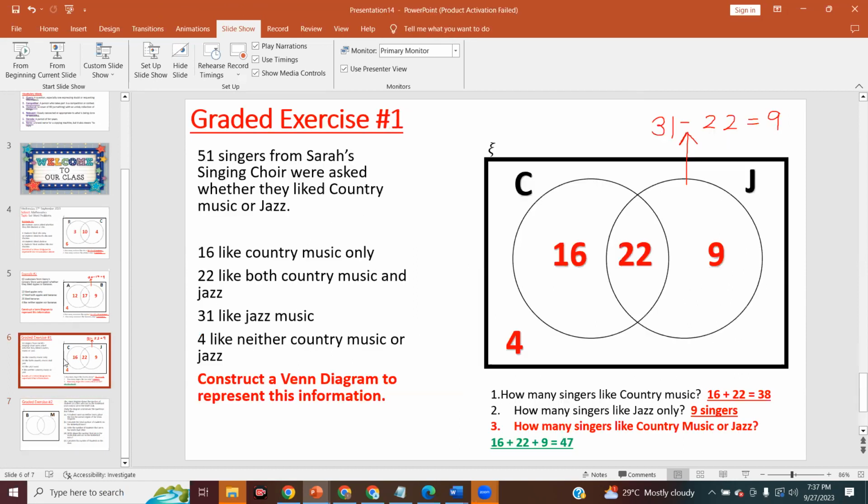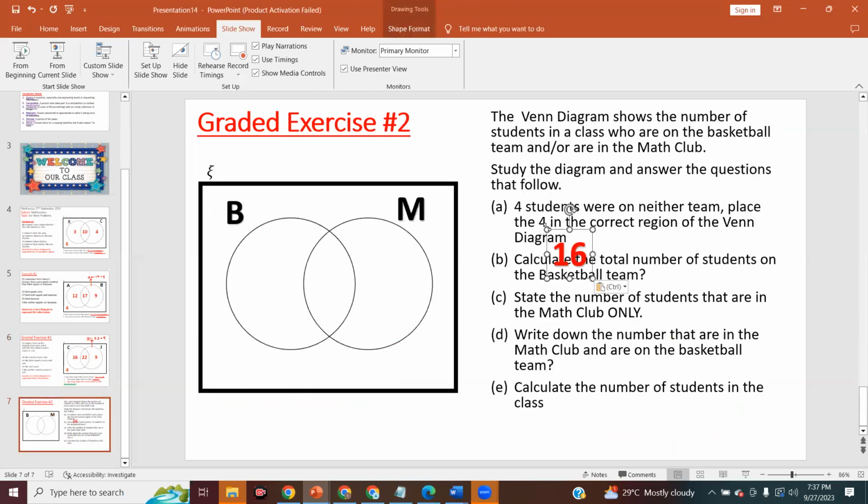So for this one, they gave us 7. For this one, they tell us that this is 5. And for this one, they tell us that this is 3.